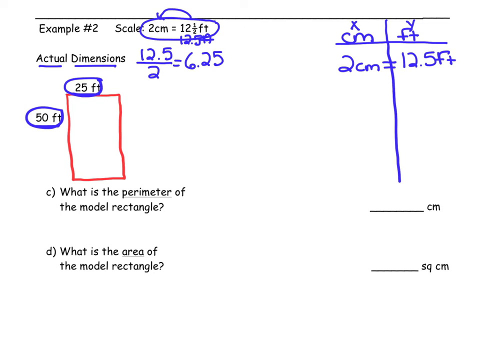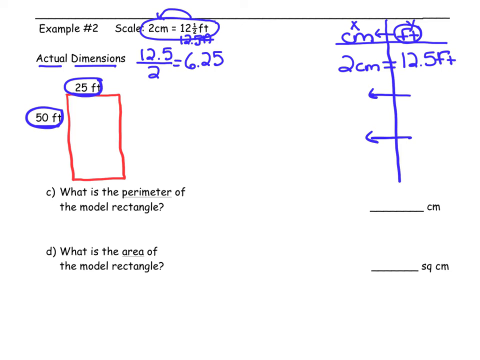Now, since we're going to be converting from feet back to centimeters, we are going to have to divide each given dimension by 6.25.